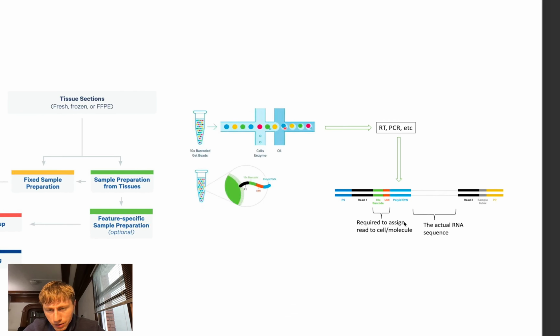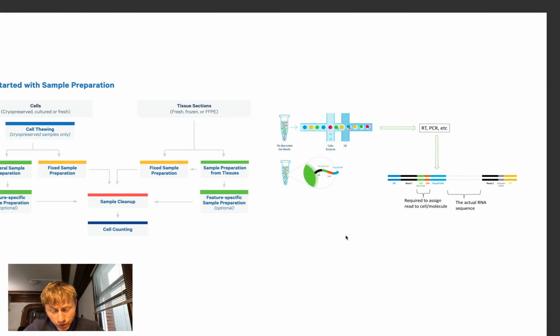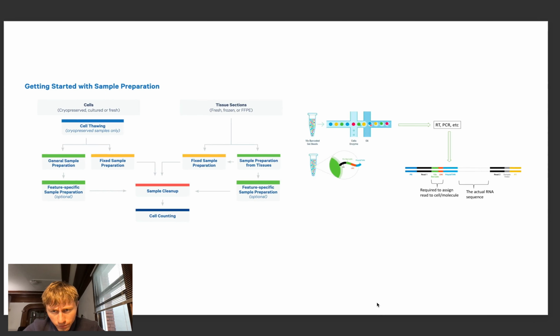In the end you will have this, with a 10x barcode and then the UMI, which is required to assign the read to a cell or molecule, whatever you're using.